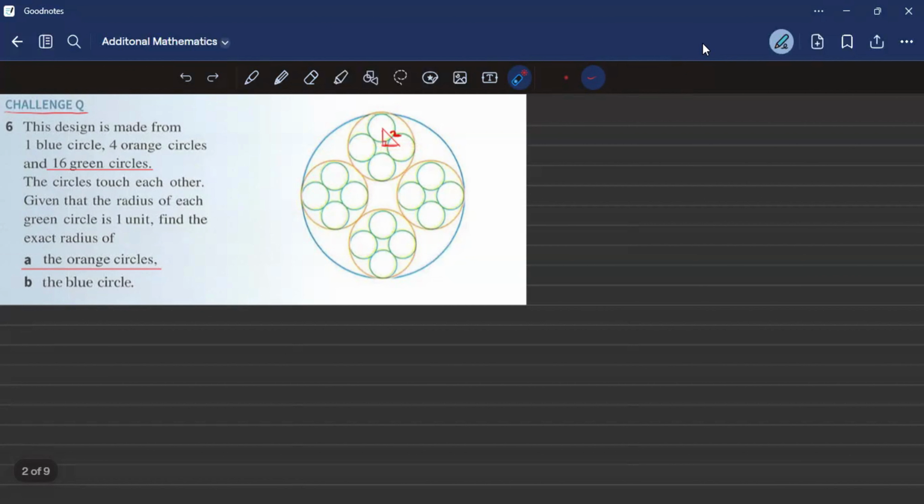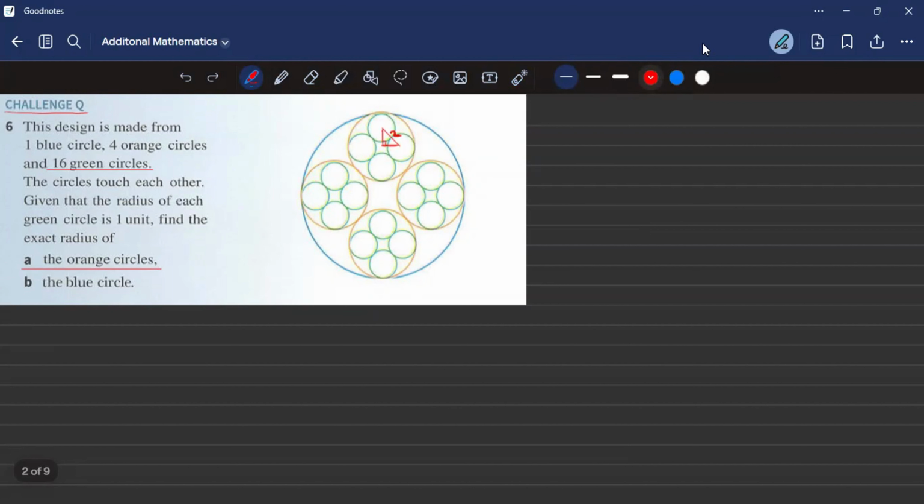So first of all, our main focus would be to find out this thing. And we've discussed that this and this are equal. Why? Because the same part of the radius is going through this part, and this small part is equal. So we are going to use a trigonometric identity.